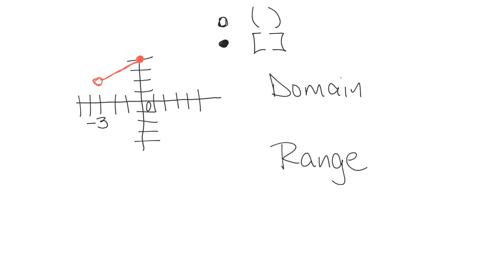So as we're moving from left to right, the first thing we come upon is the open circle at -3. So since it's an open circle, I am going to use a parenthesis and put the -3. Again, that just means I'm going to start right after -3.